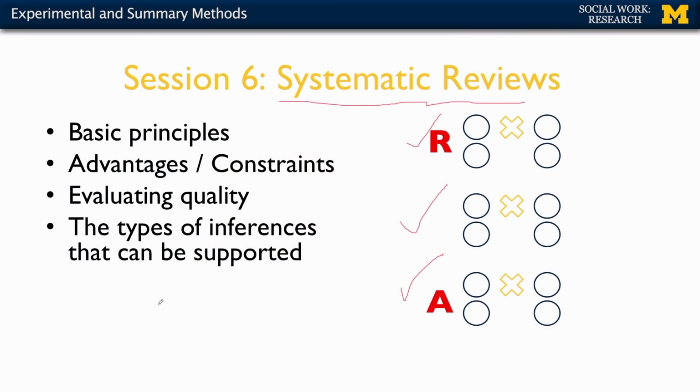So the basic idea of a systematic review is we're looking across studies. Some of those studies may be randomized trials. Some of those studies may be quasi-random experiments with assignment. Some of those studies may be studies of phenomena naturally occurring in the world.